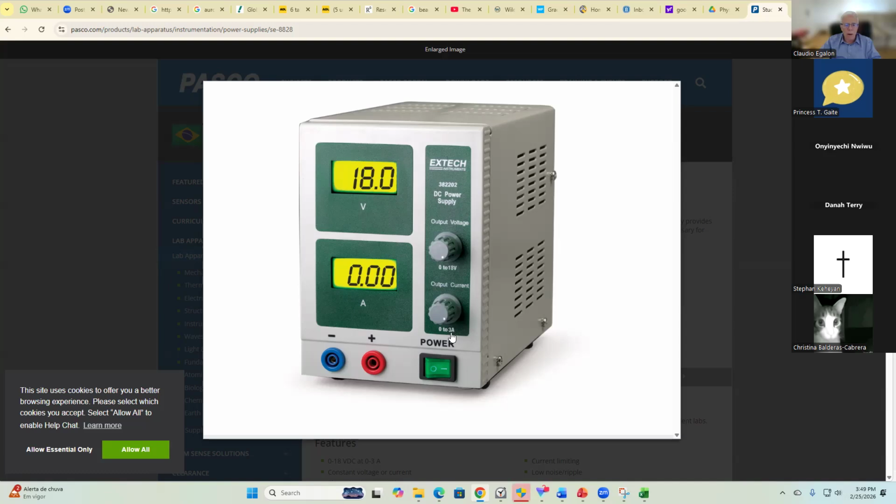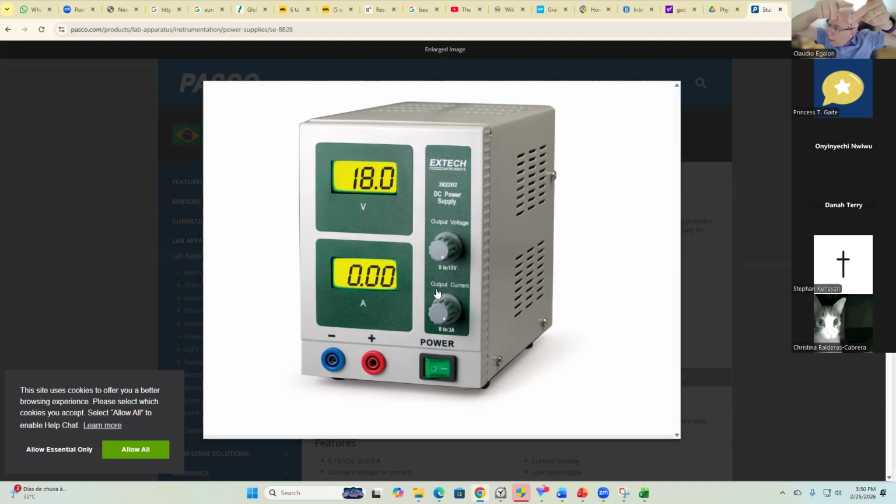DC power supply. And what you have right in here is just the negative and positive terminals of the power supply. This terminal provides positive charges. This other terminal here provides negative charges. And I have here my battery. If you remember, right, when I told you before, here you go. Here's my battery. This top terminal here is the positive terminal, and this other one is the negative terminal of the battery.